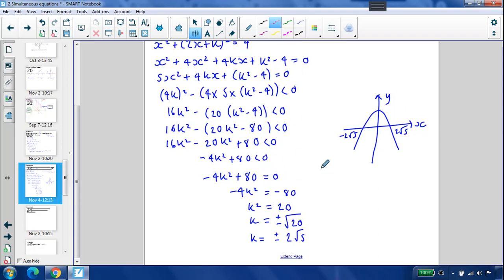Well, we need a less than 0, so anything below the x-axis. So we're looking at these values here and these values here. So therefore, k can be less than minus 2 root 5, or k can be greater than 2 root 5. And again, you can leave it as root 20 if you like.